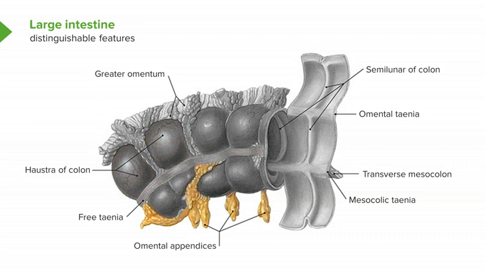And here we can see we also have some omental appendices, or appendices epiploicae. And these are just fatty tags that are attached to the colon. You don't find them in the small intestine. They're just attached to the large intestine. These peritoneal sacs are filled with fat. These are omental appendices.